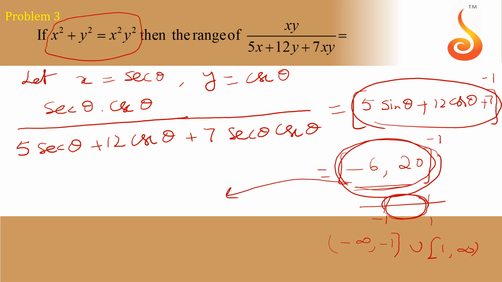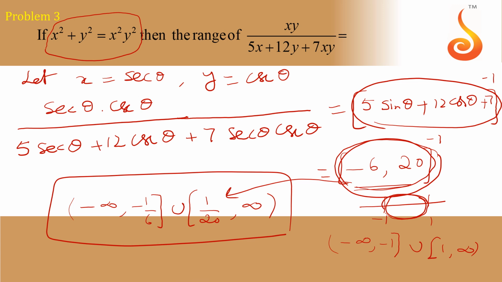So its reciprocal range will be -infinity to -1/6 union 1/20 to infinity. So this is the range for the given question. Observe carefully. If they ask instead of range what is the minimum, what is the maximum, there is no minimum, there is no maximum for this.